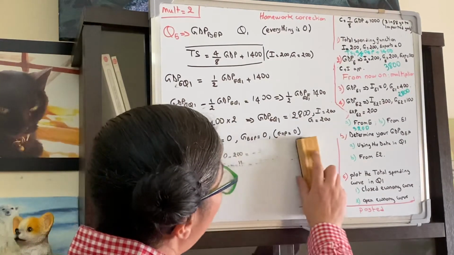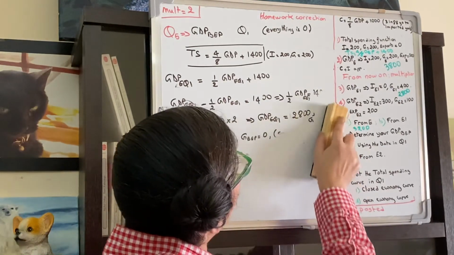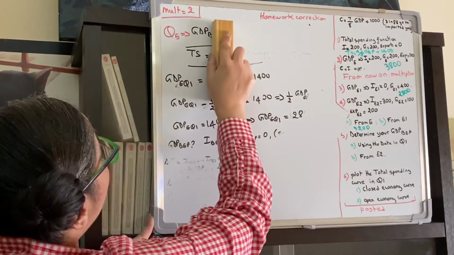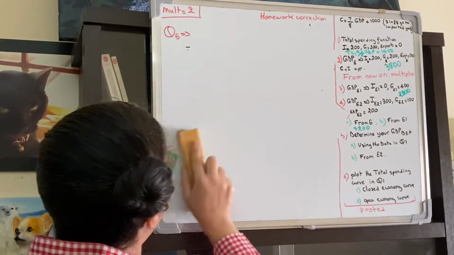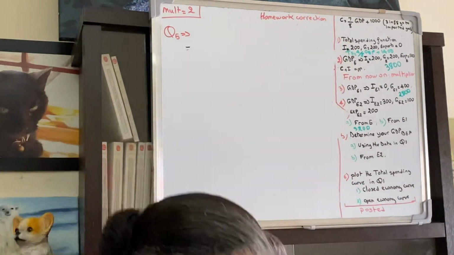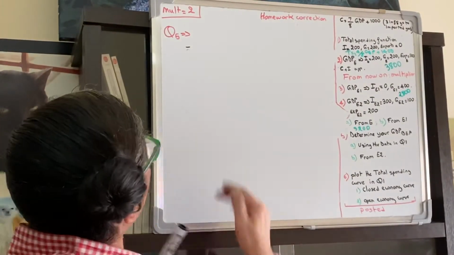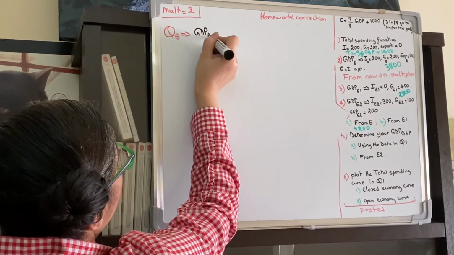So we found 2,000. Now we have the same question from where? From E2. Okay, so I need the data for E2. Hopefully these are already calculated. So first I need GDP at BEP.